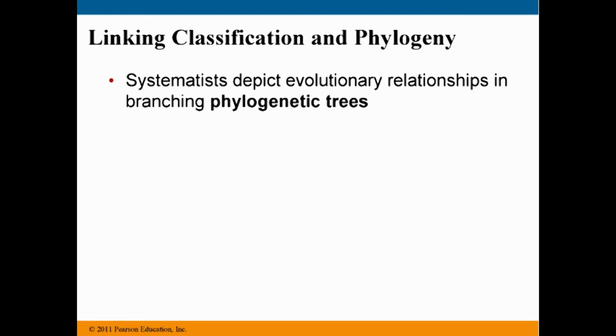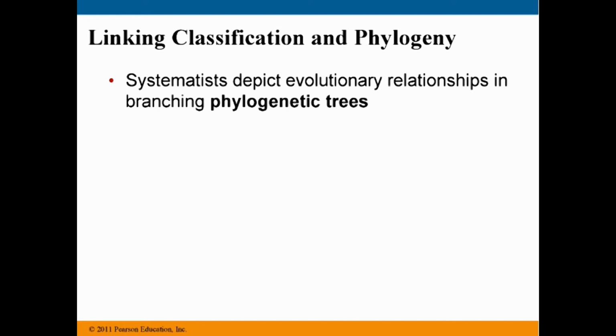So how do we link together this classification that Linnaeus brought about with phylogeny, which looks at evolutionary relationships? The way that we can look at these in a fairly easy way is to look at phylogenetic trees.